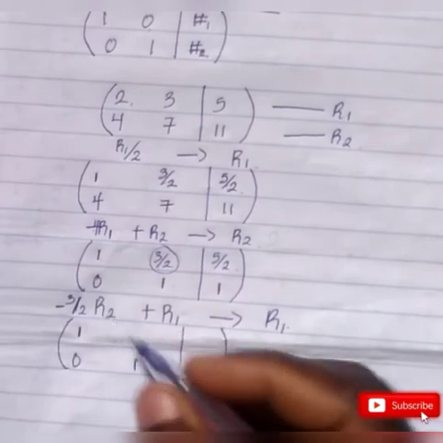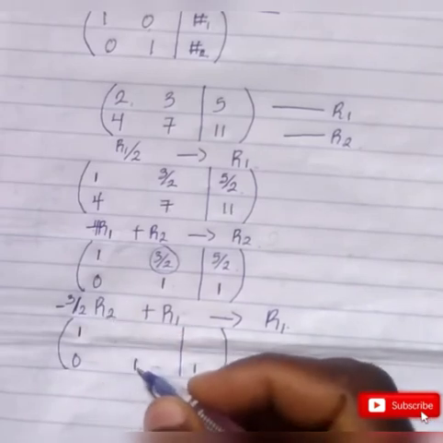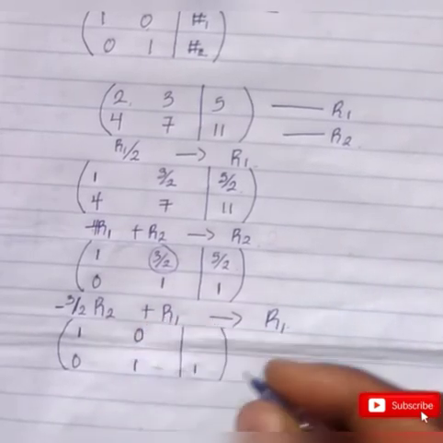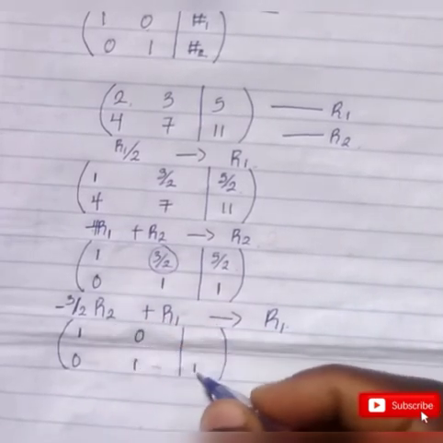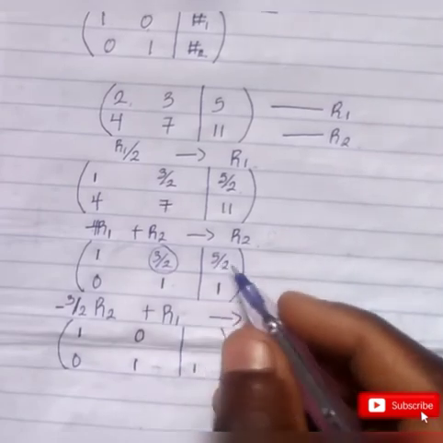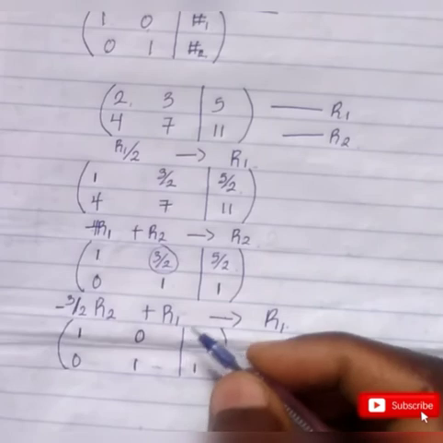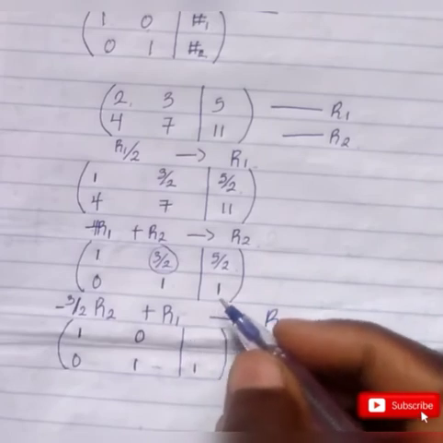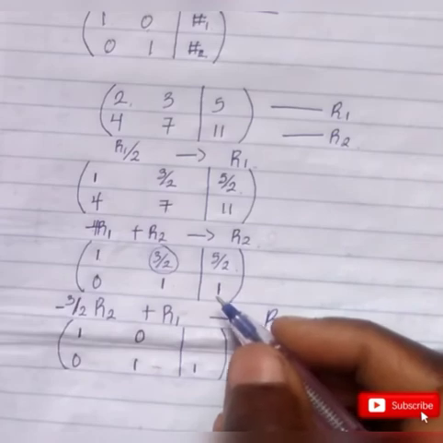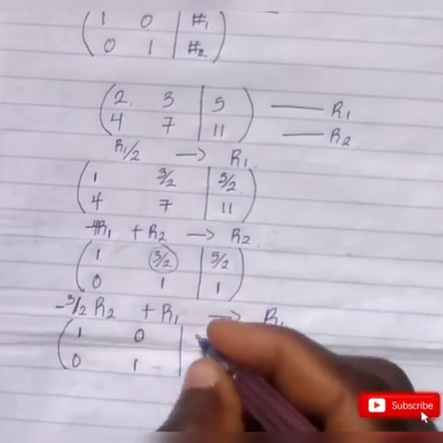Now minus 3 over 2 times 1 is minus 3 over 2, plus 3 over 2. That gives us 0. Then minus 3 over 2 times 1 gives us minus 3 over 2. Now minus 3 over 2 plus 5 over 2 gives us 1.